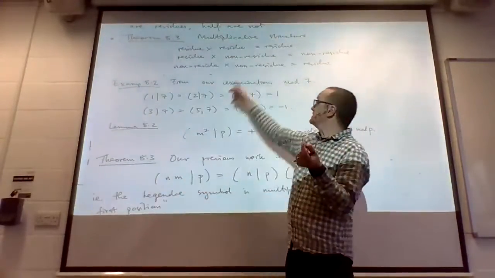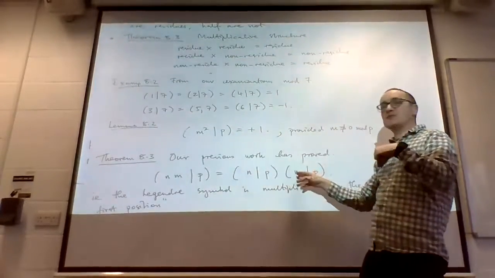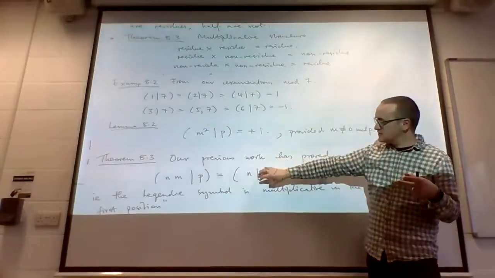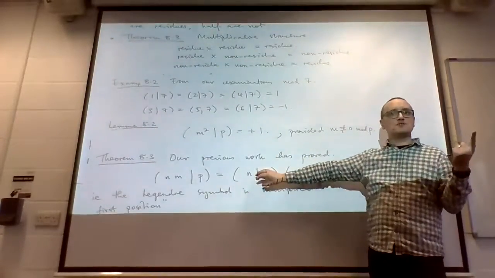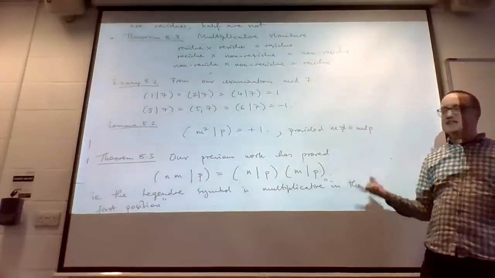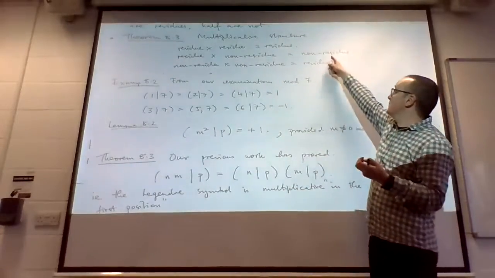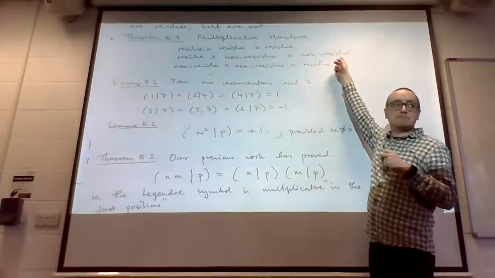And in the middle case, when one is a residue and the other isn't, one symbol on the right-hand side is plus 1 and the other is minus 1, so their product is minus 1. That agrees with the fact that the product n times m is a non-residue, the middle case that we proved last time.